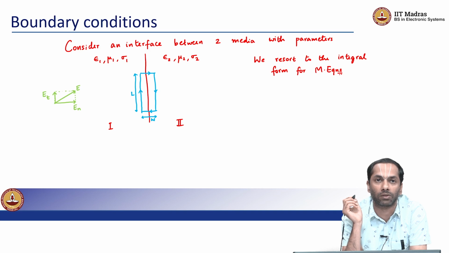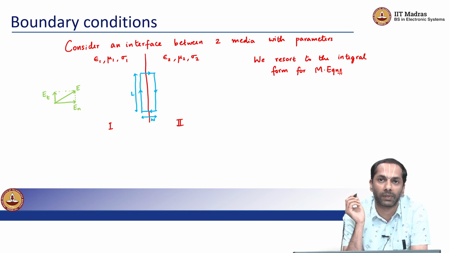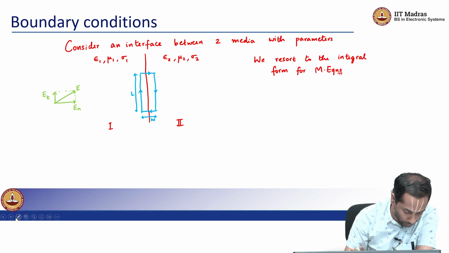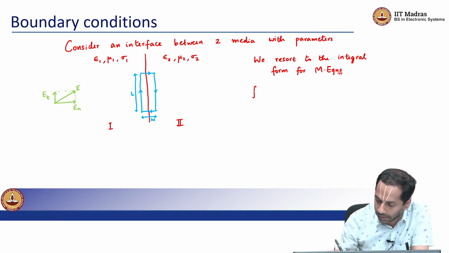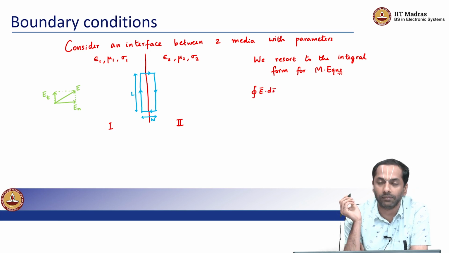So in the point form we had this as curl of E is minus dou B by dou t. But in the integral form, I hope you can recall that this is the same as the closed loop integral of E dot dl.